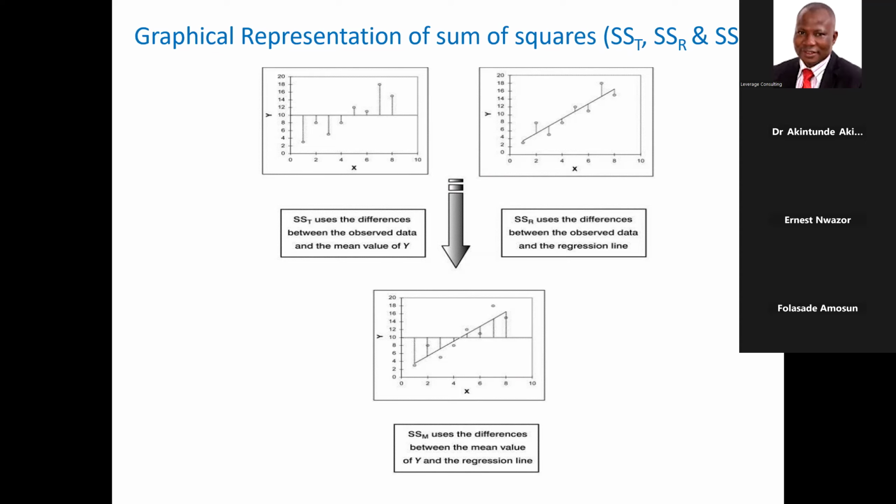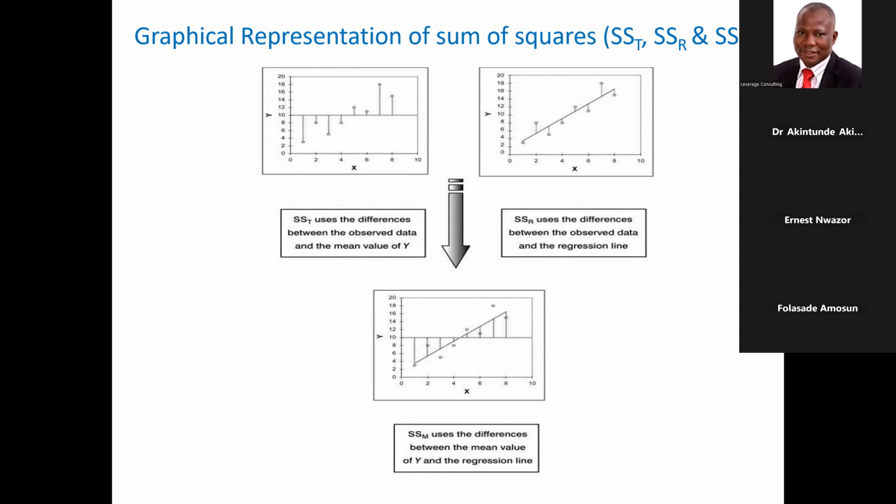So if you overlap these two graphs, that's what gives you the third one. We now know that the total variance to be explained is what the first graph gave you. But the one this model cannot explain is the residual, this number 2.